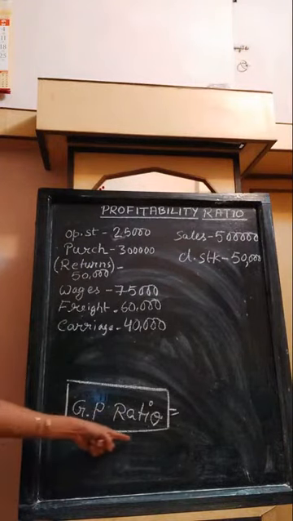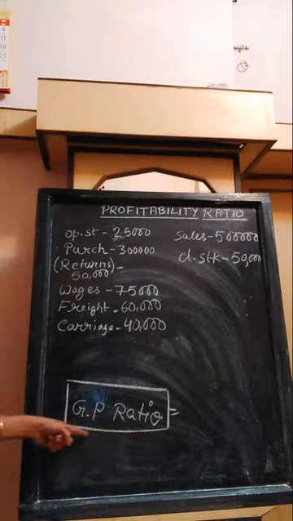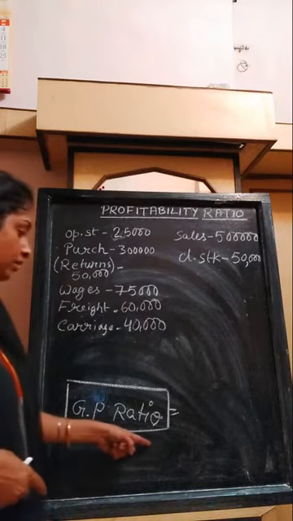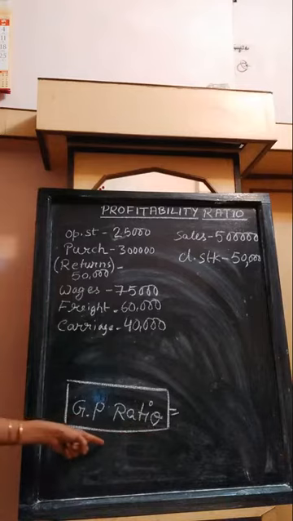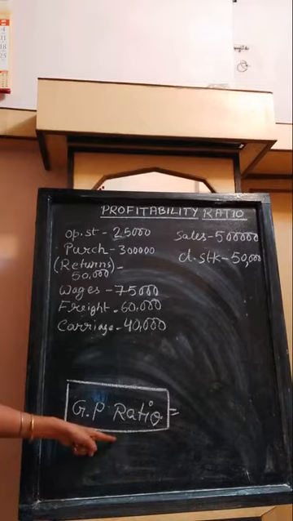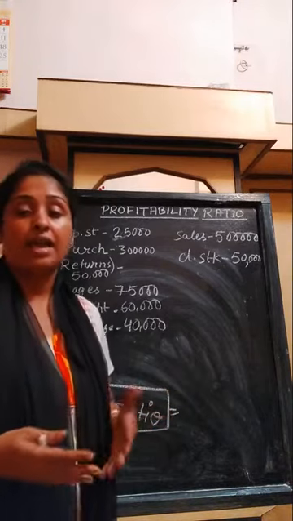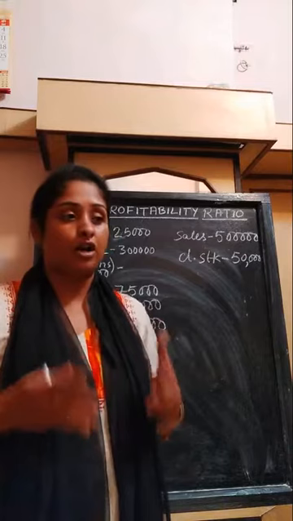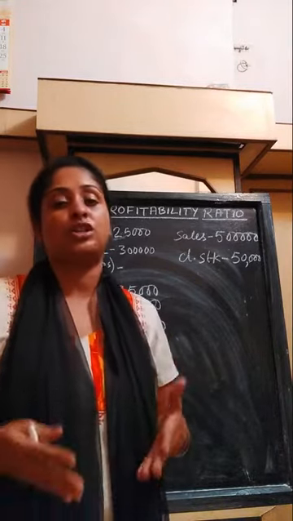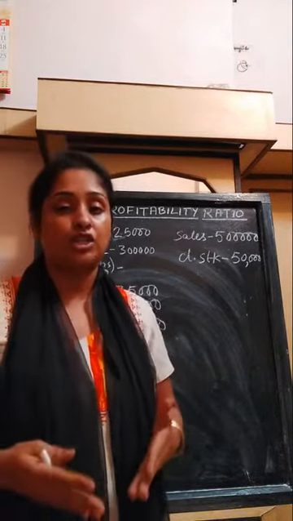Gross profit ratio indicates the total profit that a firm has earned or the total profitability of the firm. An increased percentage will show that the firm has a greater financial strength or a greater financial capacity.